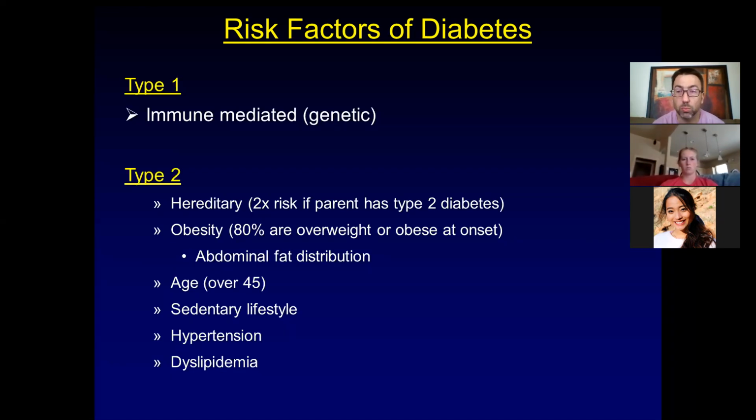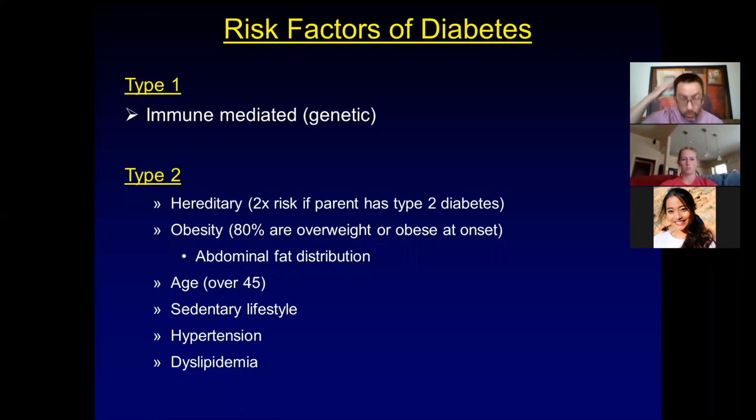Being obese is probably the single largest risk factor for becoming a type 2 diabetic as well. And so a lot of the hereditary stuff is likely related to the heredity behind obesity, okay? So about 80% of people that become type 2 diabetics are overweight or obese by BMI at onset, okay?